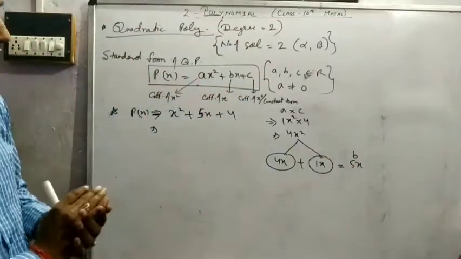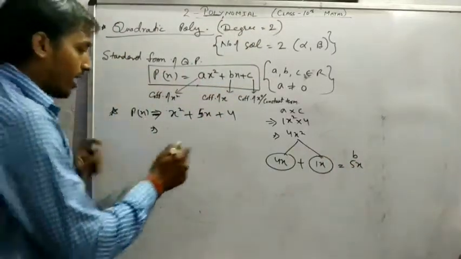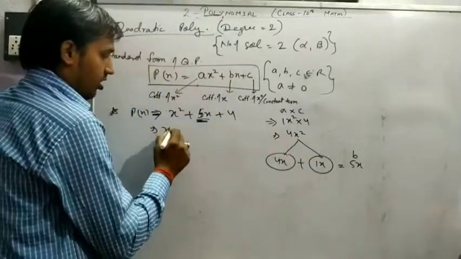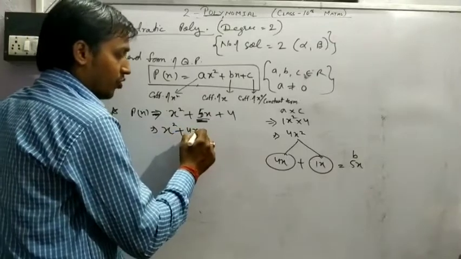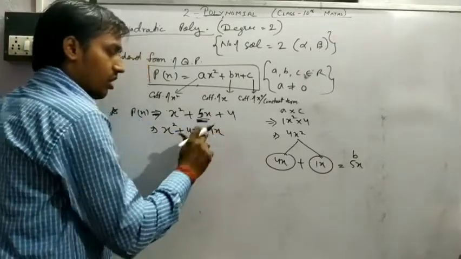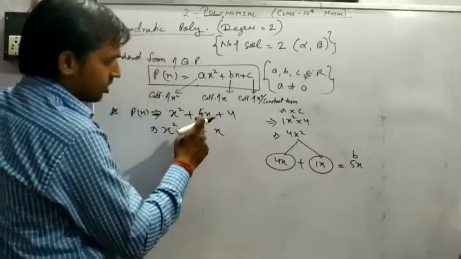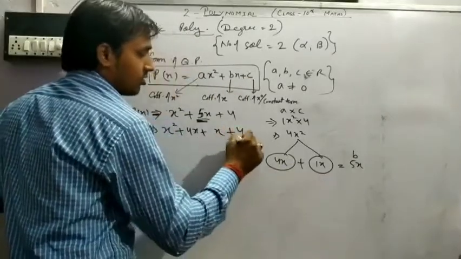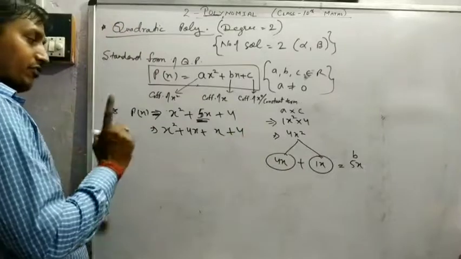So when both conditions are verified, you can replace bx with this: x square plus 4x plus 1x plus 4. Replace the x term with these factors, so we get 4 terms.